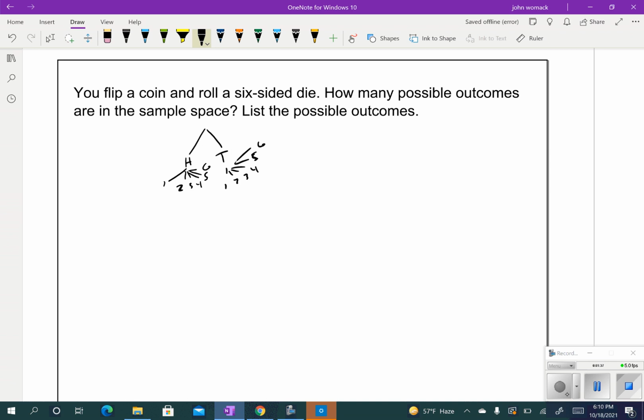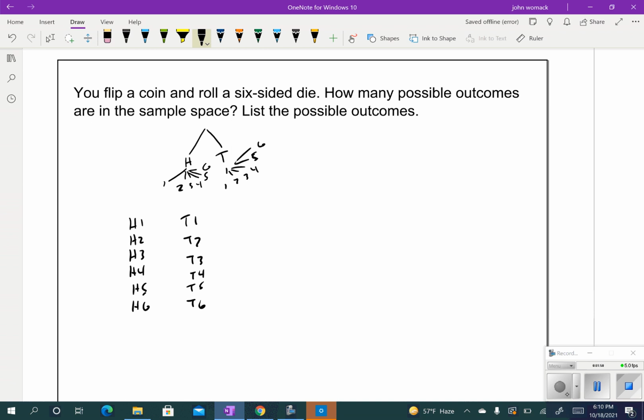So all the outcomes could be heads 1, heads 2, heads 3, heads 4, heads 5, or heads 6. Or it could be tails 1, tails 2, tails 3, tails 4, tails 5, tails 6.